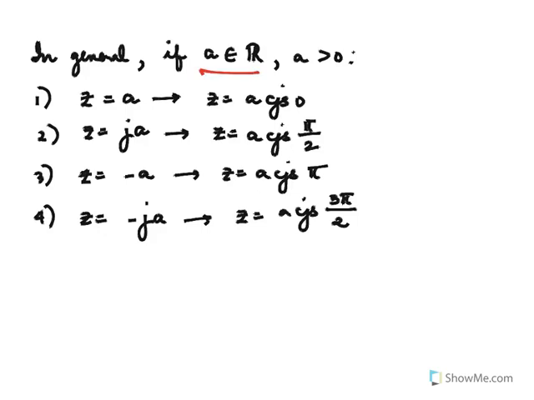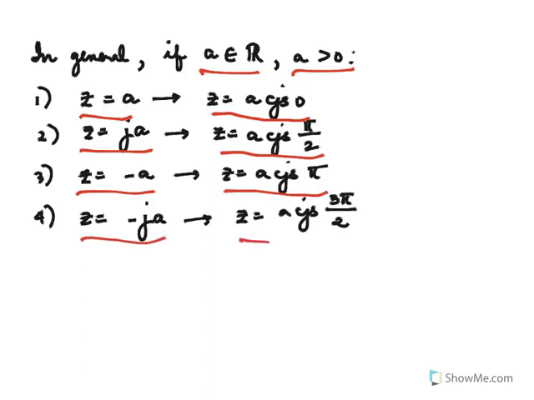If a is an element of the set of real numbers and a is greater than 0, kung ang form ng complex number mo is z equals a, then the standard polar form is z equals a CJS 0. Kapag z equals ja, that's z equals a CJS pi over 2. Pag z equals negative a, that's z equals a CJS pi. Pag z equals negative ja, you have z equals a CJS 3 pi over 2. Okay?